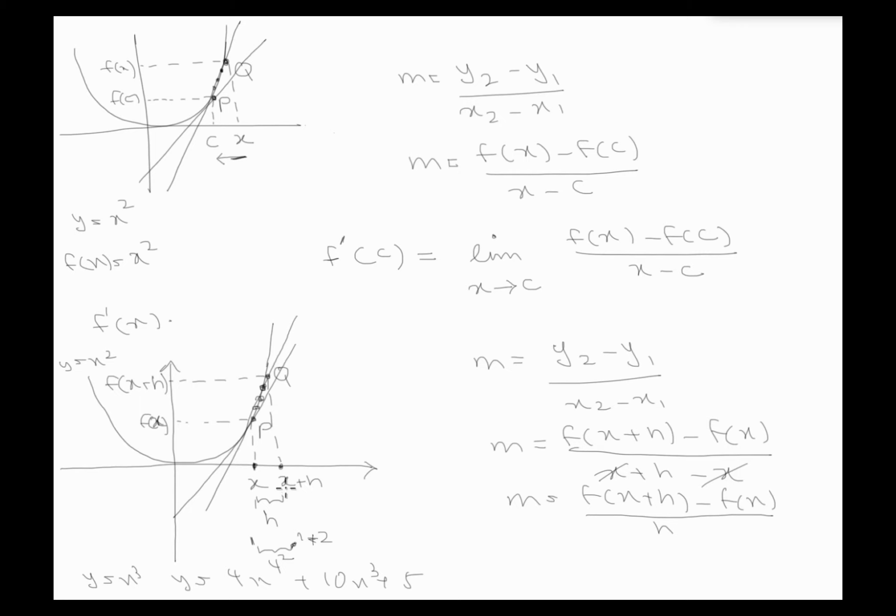Now what does that mean? That means that these 2 points, x plus h and x, have to get really, really close to each other. How do they get really close to each other? If this distance h approaches 0. So the closer and closer this distance between these 2 points gets to 0, then the closer and closer the gradient of the secant PQ is going to estimate the gradient of the tangent, right?